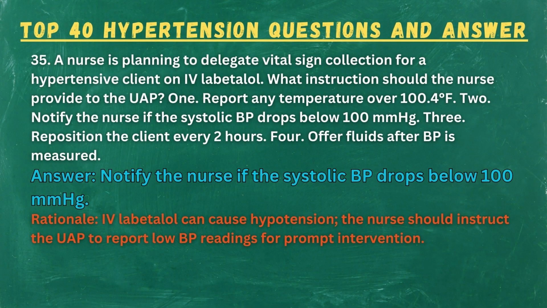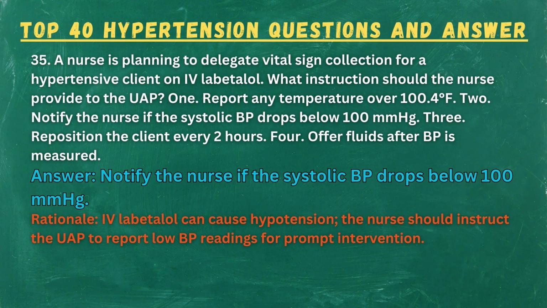35. A nurse is planning to delegate vital sign collection for a hypertensive client on IV labetalol. What instruction should the nurse provide to the UAP? 1. Report any temperature over 100.4 degrees Fahrenheit. 2. Notify the nurse if the systolic BP drops below 100 millimeters of mercury. 3.